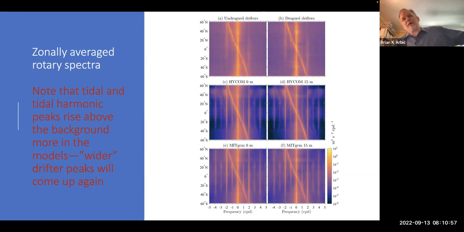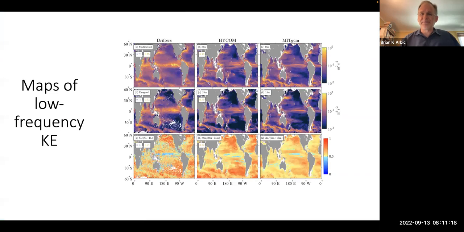Basically, if you imagine that the world only had semidiurnal tidal peaks, but that they changed in space, then a Lagrangian sampling of that will actually tend to widen the peak. Lagrangian spectra tend to be wider than Eulerian spectra, at least in the tidal band. That fact will matter later.